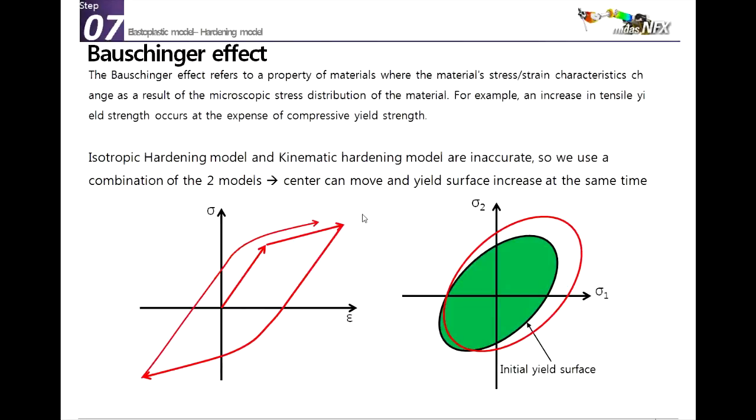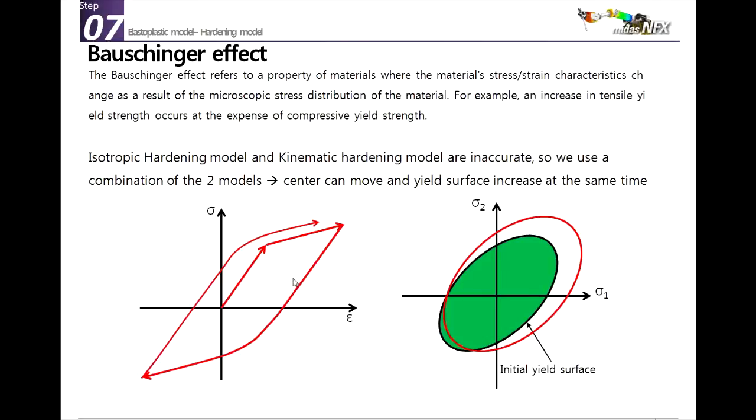Now you have also something called the Bauschinger effect, which refers to a property of the materials where the material stress and strain characteristic changes as a result of the microscopic stress distribution of the material. So for example, an increase in the tensile yield strength occurs at the expense of the compressive yield strength.